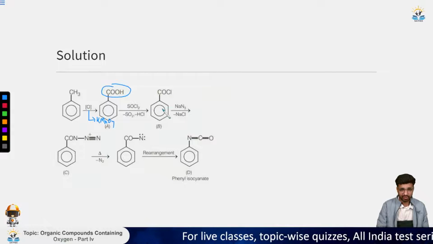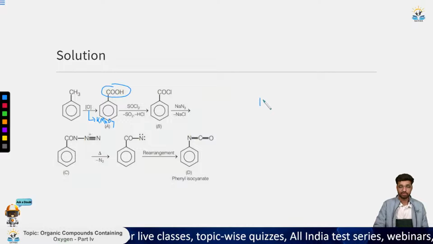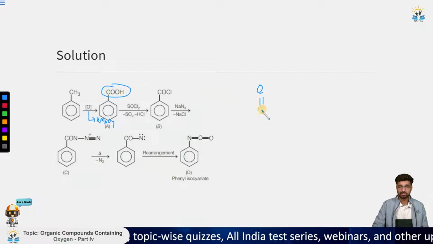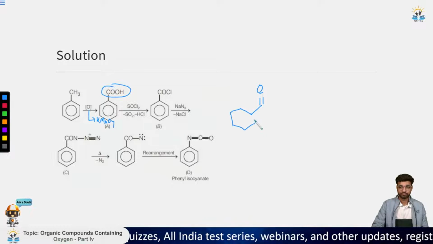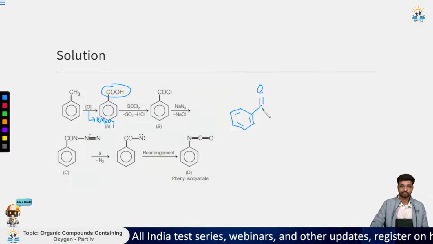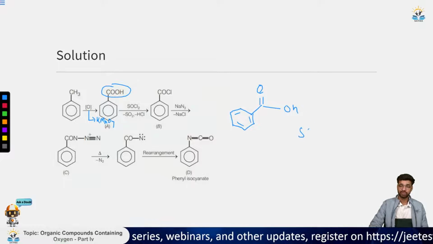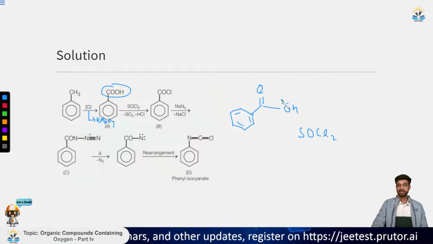Then again we have a nucleophilic attack by N3, which will remove this Cl. Suppose this reaction is going in this way. We have this OH group. First, we have SOCl2, and it attacks like this.